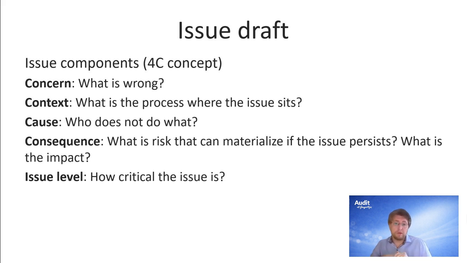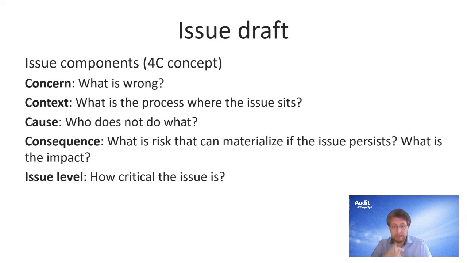So this is the 4C concept, which means that for every issue you should write the concern, context, cause, consequences, and an additional issue level. These are the questions you need to answer. For concern, what's wrong? For the context, what's the process in which we have the problem? The cause, who didn't do what?